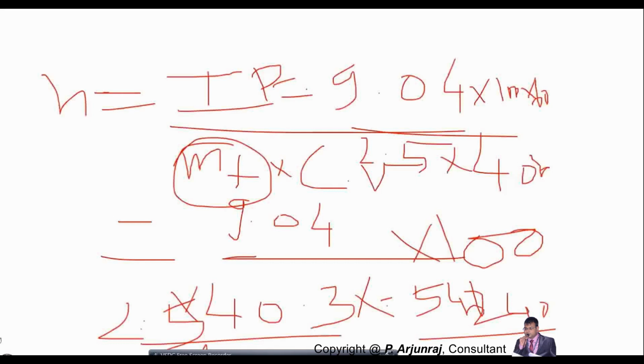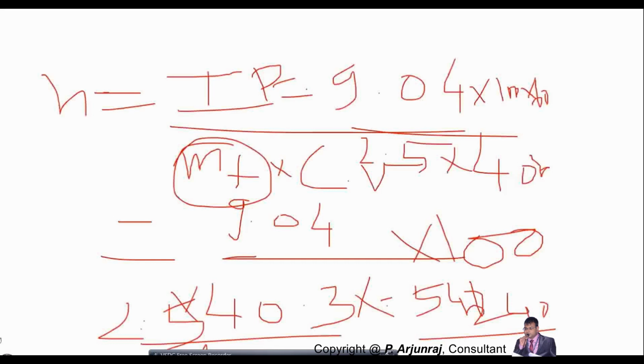54240 divided by 2.5, divided by 40300, and again into 100.